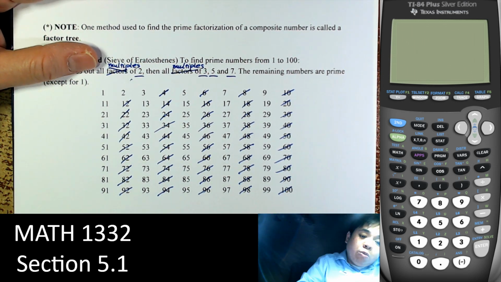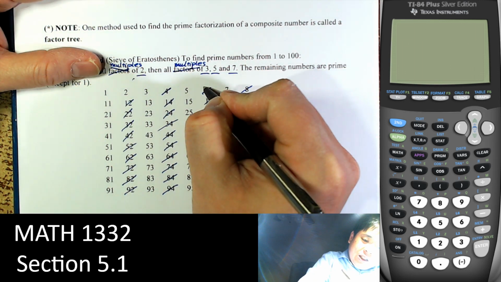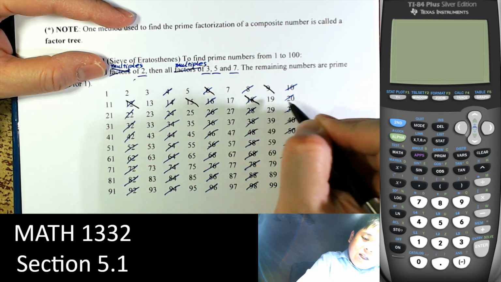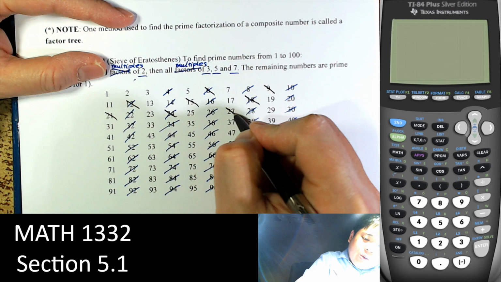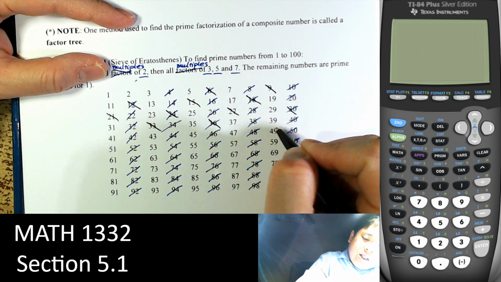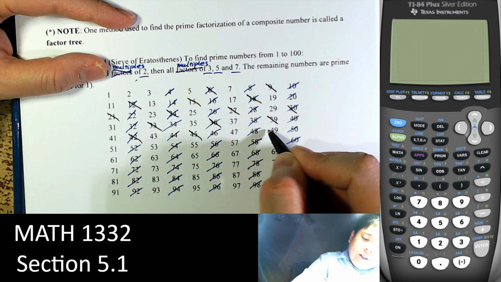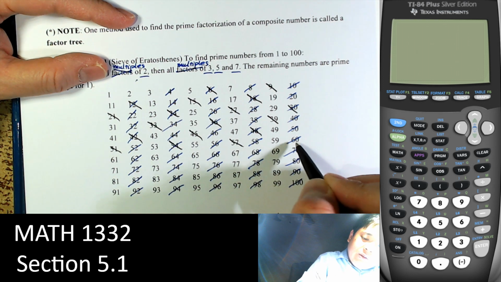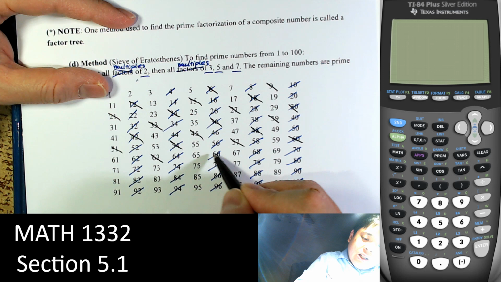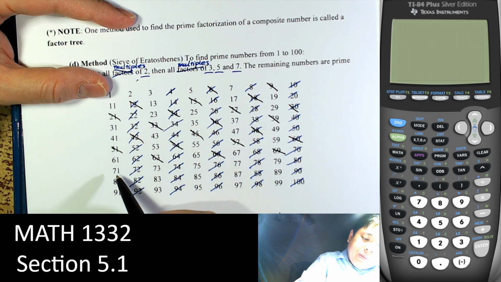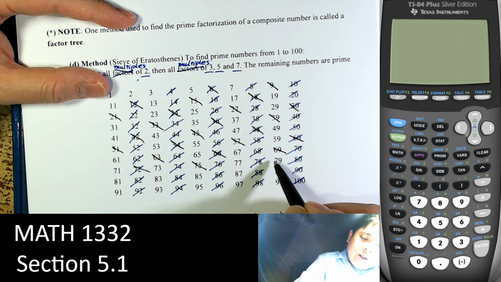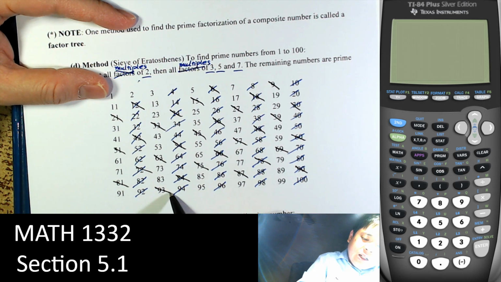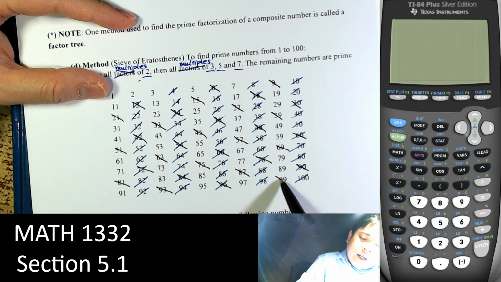Now cross out all the multiples of 3, not counting the 3: 6, 9, 12, 15, 18, 21, 24, 27, 30, and so on, up to 72, 75, 78, 81, 84, 87, 90, 93, 96, and 99.